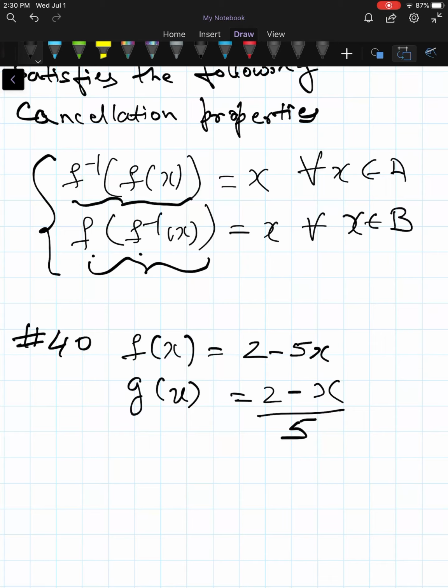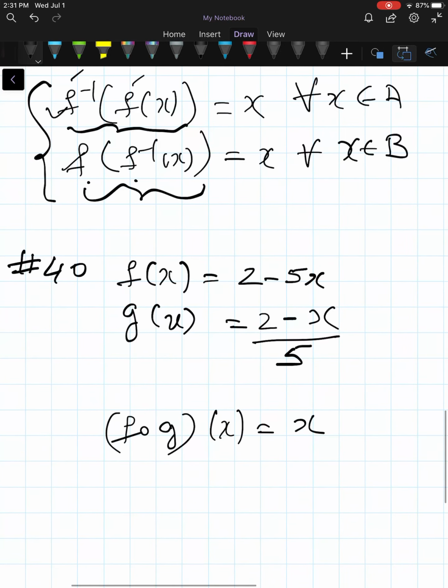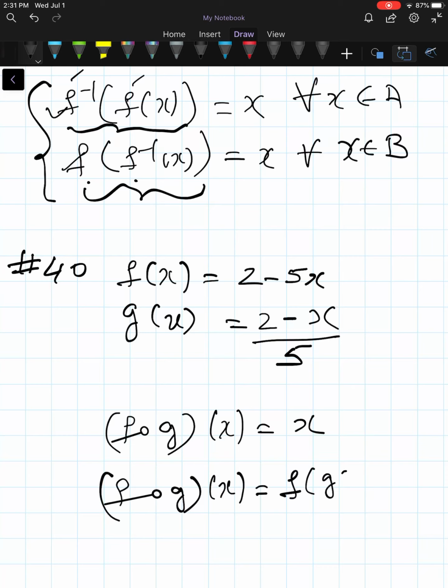Okay, using the property here, f inverse and f. So if f is an inverse of g, it should satisfy any one of these two properties, right? So if f is an inverse of g, f composed with g of x should be equal to x itself. Let us check this. F composed with g of x is nothing but f of g of x. But what is g of x?